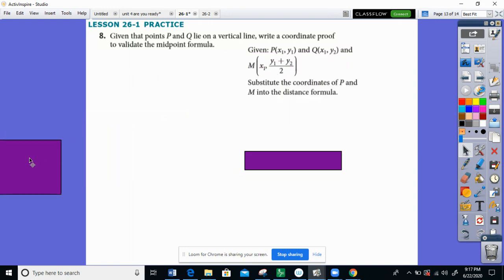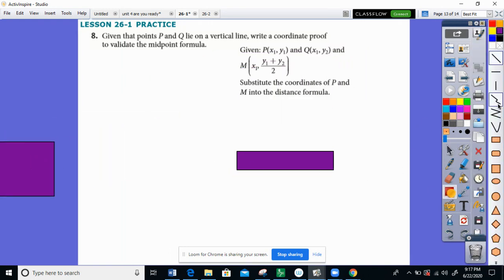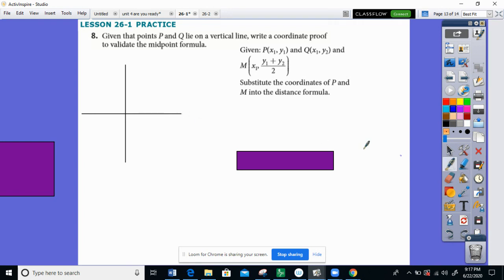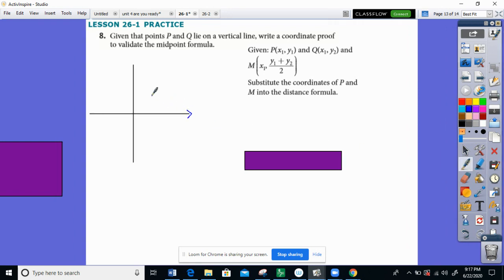So let's draw a picture for this one too. So we've got an x-axis, a y-axis. So here's our x, here's our y. So it's saying that they lie on a vertical line.